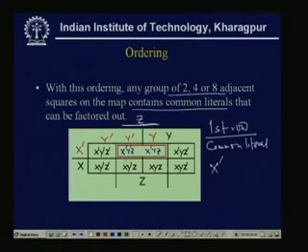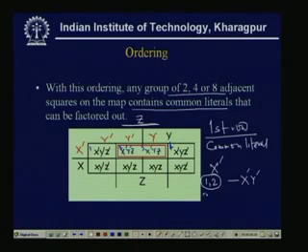And if I take a group, say this is my first element, this is my 1, this is my 2, 3 and 4, then for 1, 2, that means if I take these as a group 1, 2, then x dash will be there in all the min terms, and then y dash will be there.